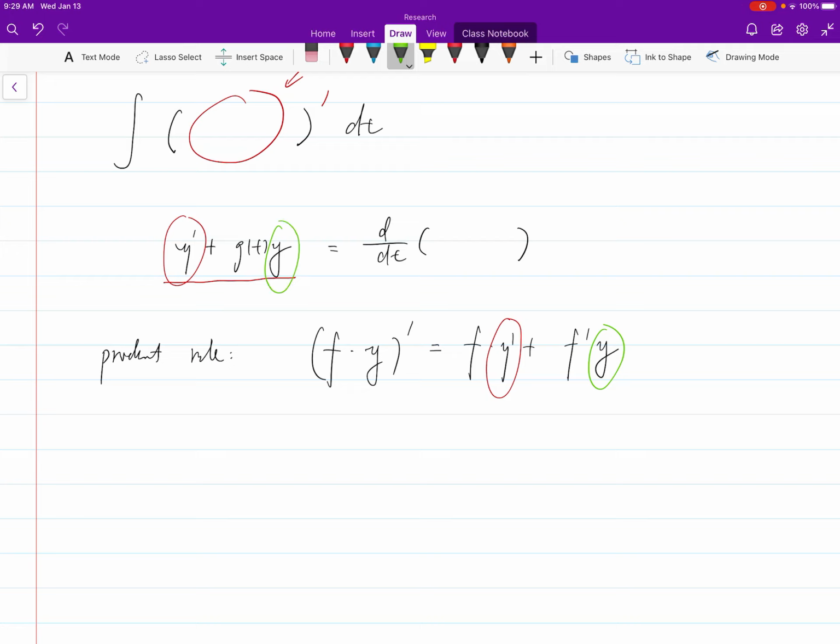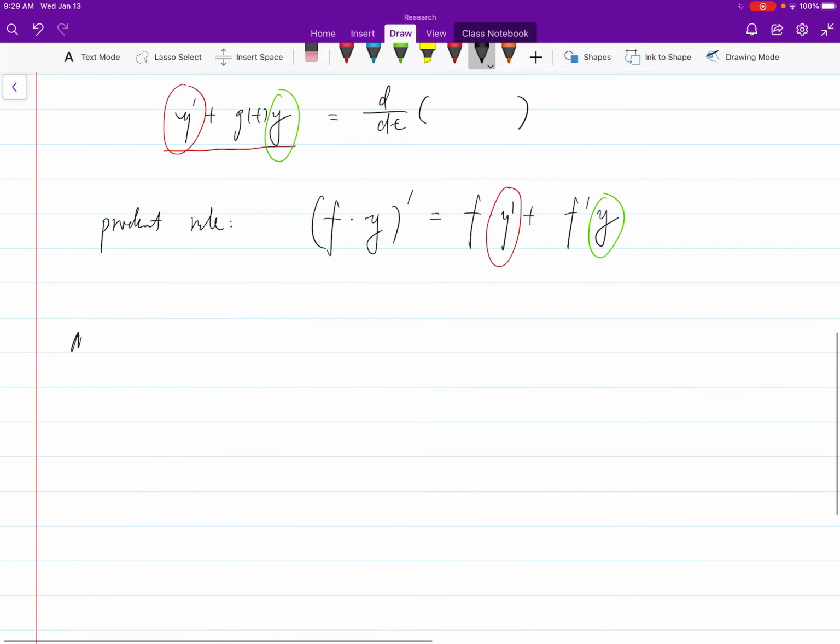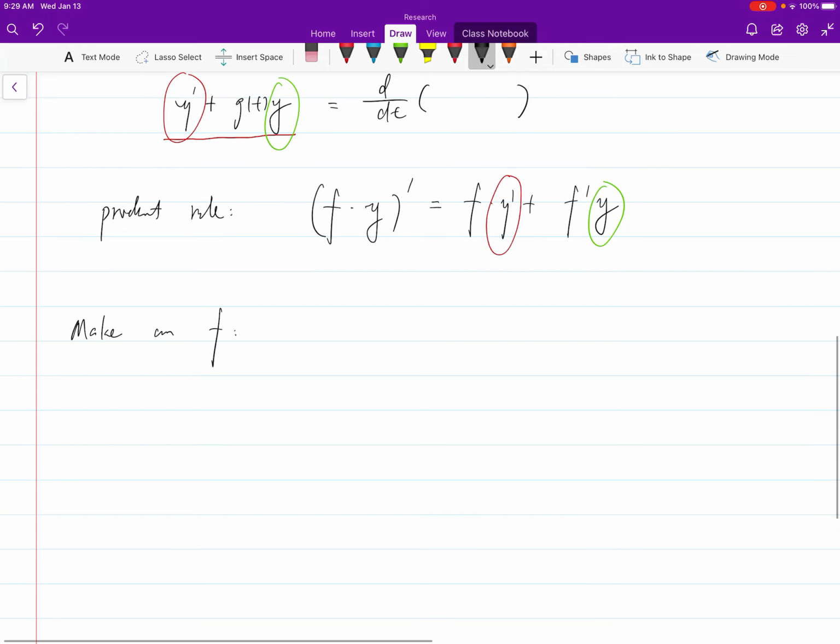So what you're hoping is you can find an f such that this one here is your f and this gt here is your f prime. That's what you're hoping. Of course in general this won't happen, but now we will try to make this f such that the whole thing works.